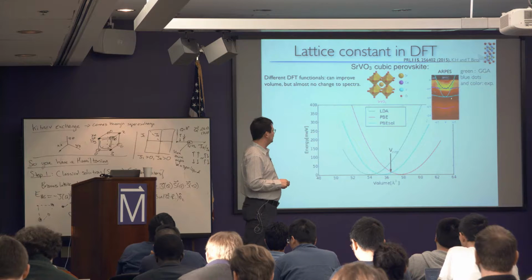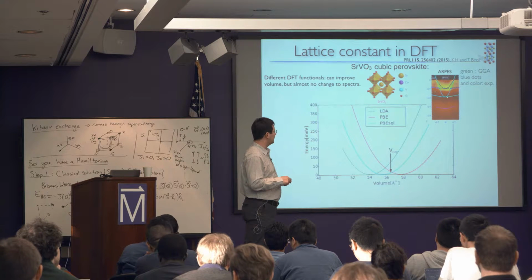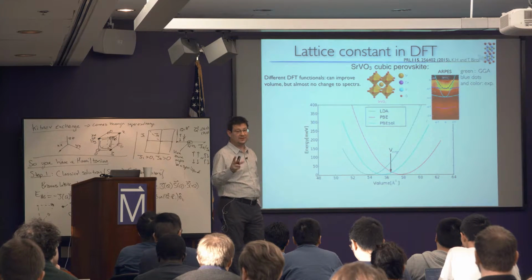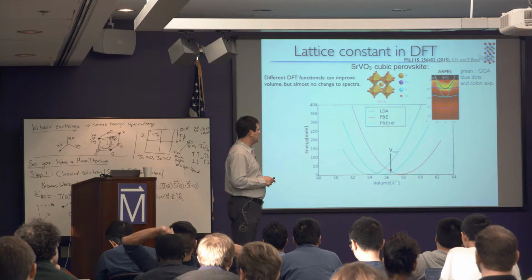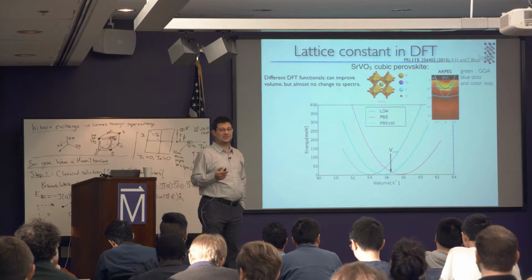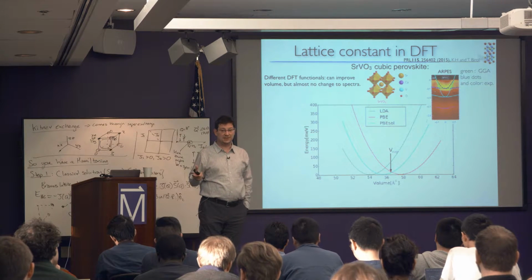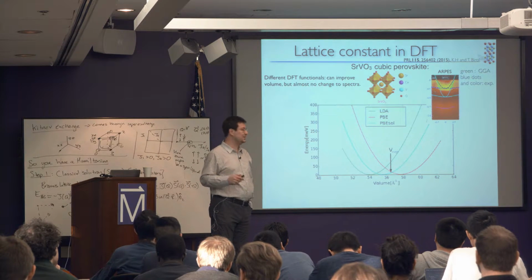I think I already showed at one point that the LDA bands are those in this green color, and then the experiment is renormalized by a factor between 2 and 3. So the ARPES data is here. However, the question is, how good is the structural prediction? Clearly, the band structure is not so great, but is the structure reasonable within DFT?